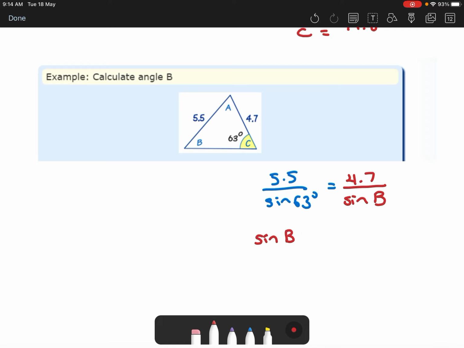Sine B times 5.5 is equal to 4.7 sine 63.